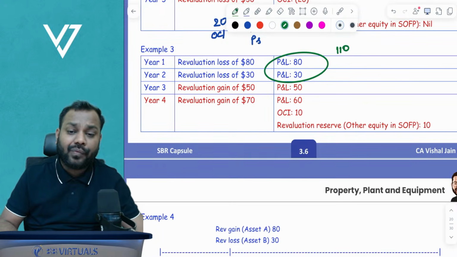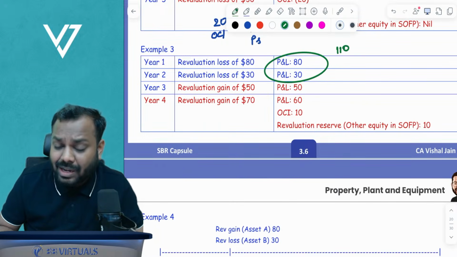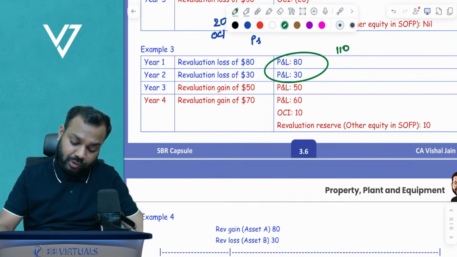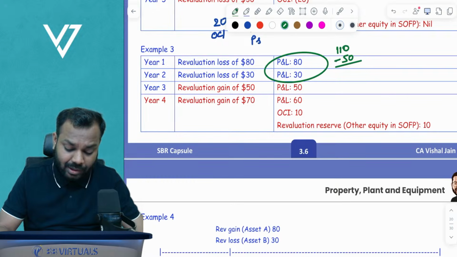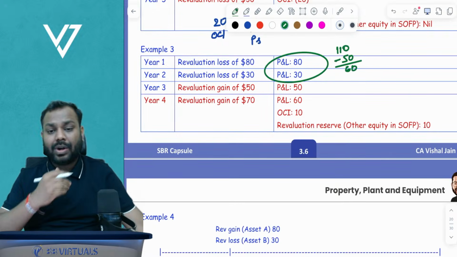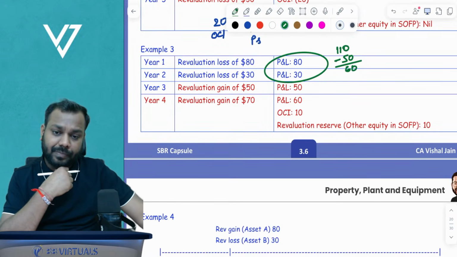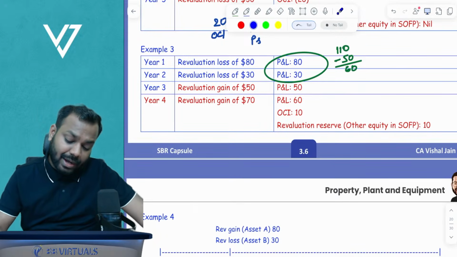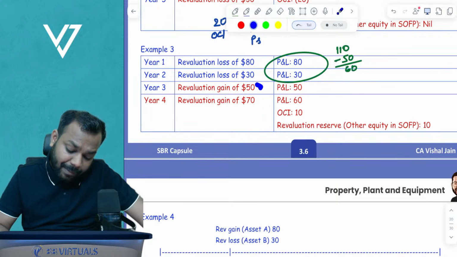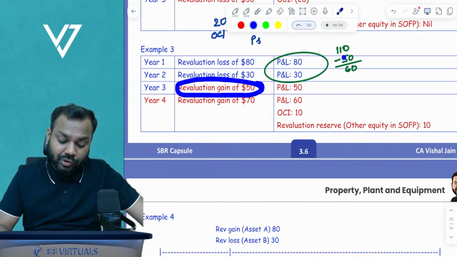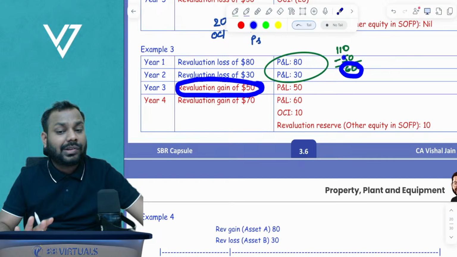What is the gain? 50. So where will you record this gain? P and L. Now, what is the remaining loss in P and L? 60. Because we recorded a loss of 110, this is nullified by the revaluation gain of 50. So the loss in P and L is only 60 now.